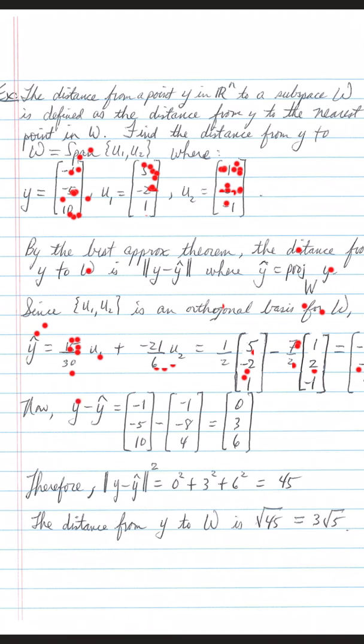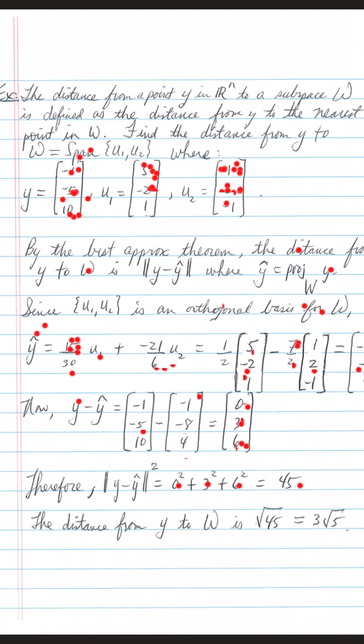Now subtract original vector y minus y hat that we just calculated. Negative 1 minus negative 1 is 0. Negative 5 minus negative 8 is 3. And 10 minus 4 is 6. For magnitude or distance, we're going to square and add each entry. 0 squared plus 3 squared plus 6 squared equals 45.